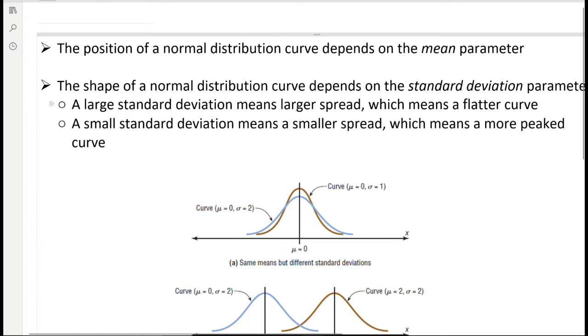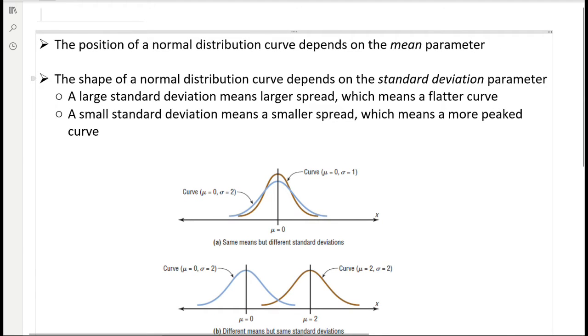So hopefully you were able to get the 2 bullet points from this. The main key properties so far are that the position of a normal distribution curve depends on the mean parameter, and the shape of a normal distribution curve depends on the standard deviation parameter. Recall that a large standard deviation means a larger spread, which means a flatter curve.